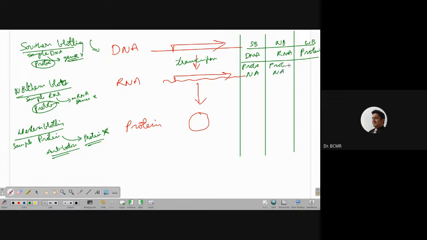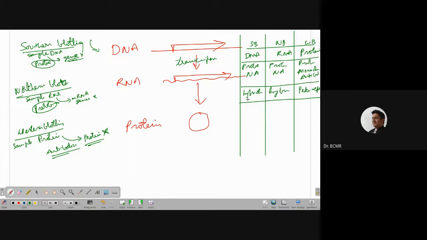The probe here is an antibody or monoclonal antibody. Here the interaction is by nucleic acid base pairing, or hybridization, and the same is the case here too. In this case, it is protein-protein interaction, that is antibody-epitope interaction, or CDR-epitope interaction.